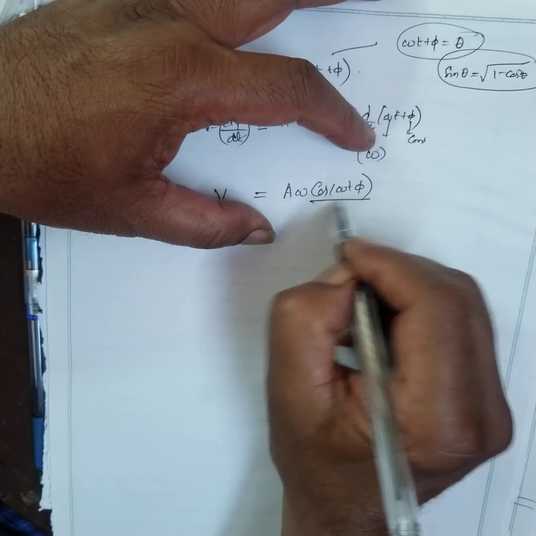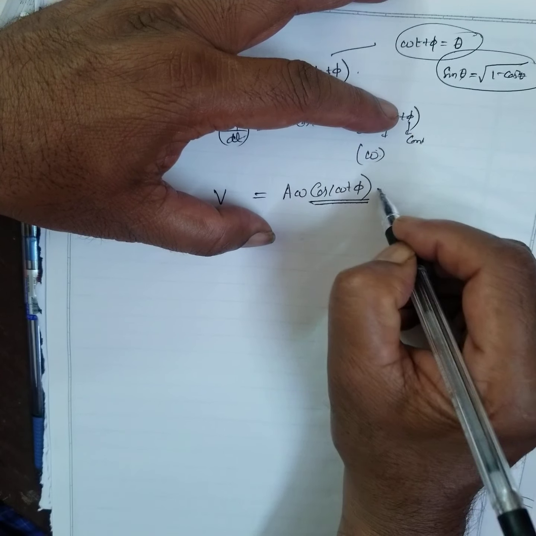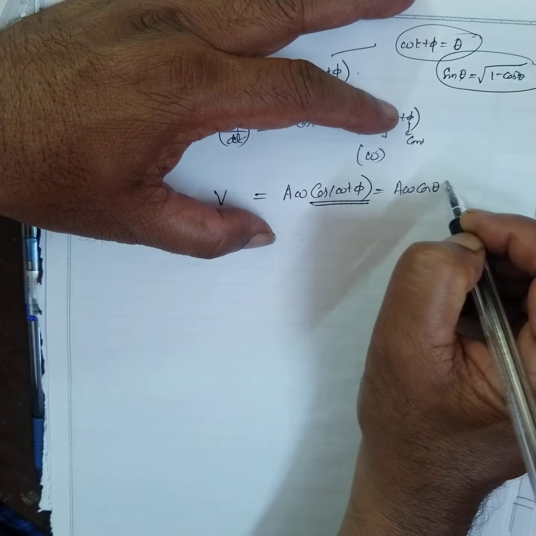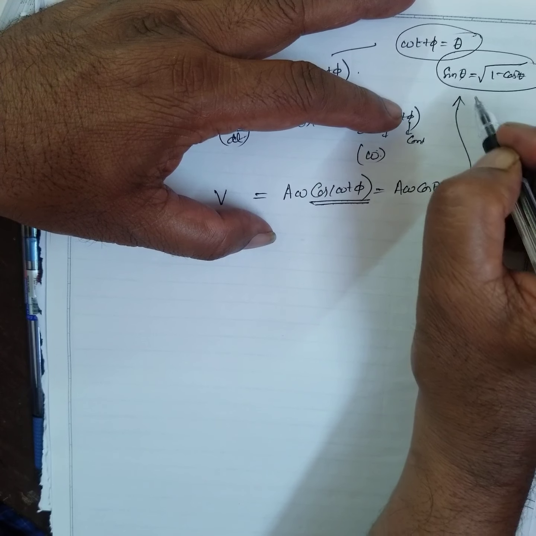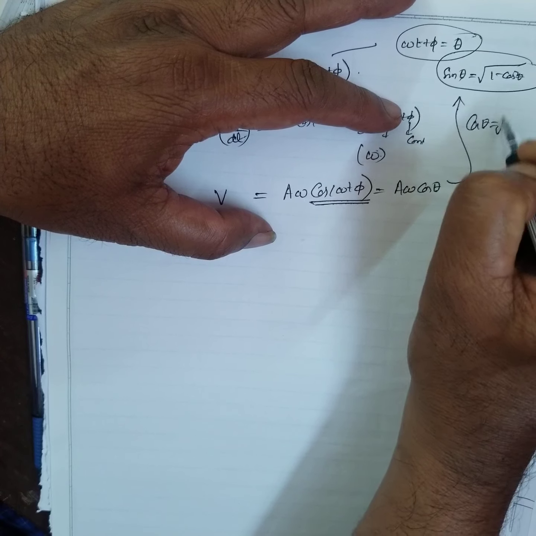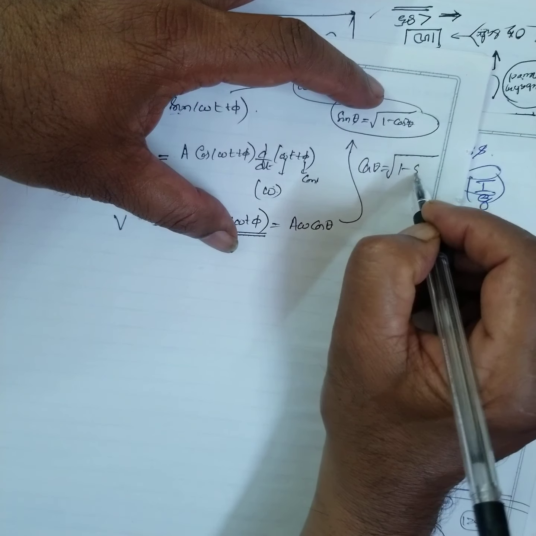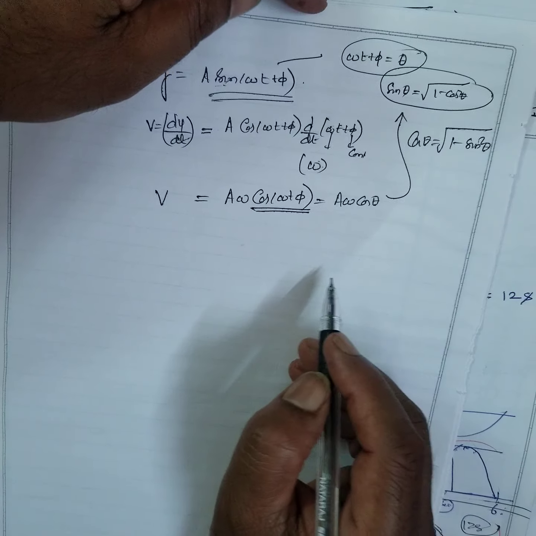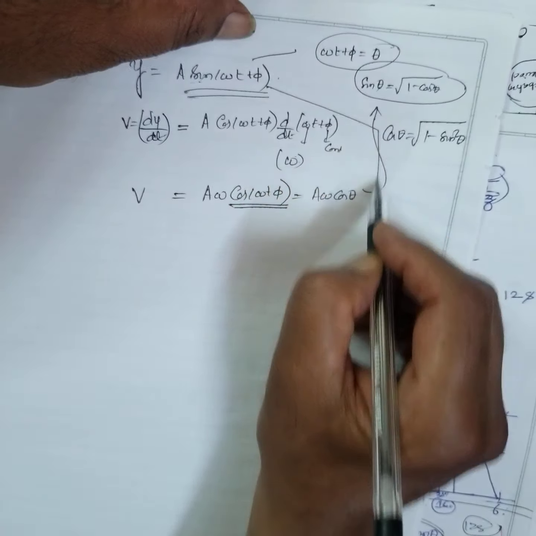But what is cos theta? This is a omega cos theta. Cos theta is equal to square root of 1 minus sine square theta, is it not? Right? I will write it here.